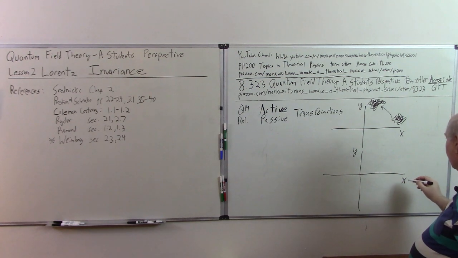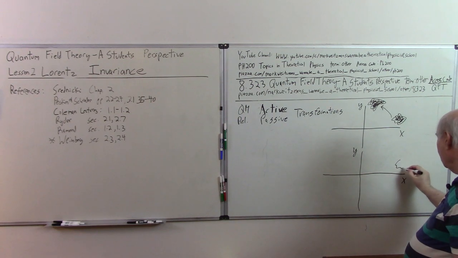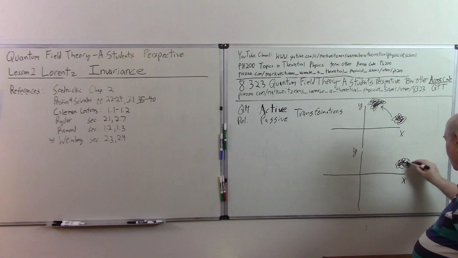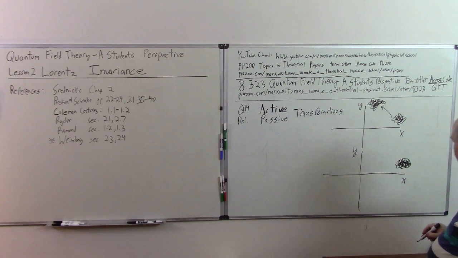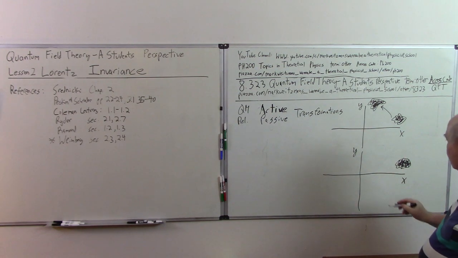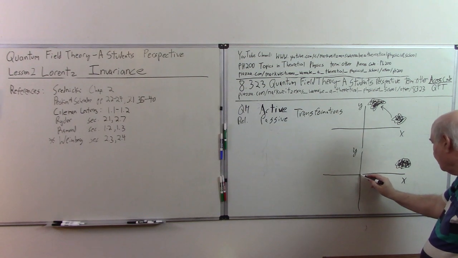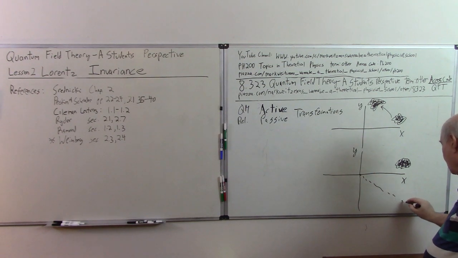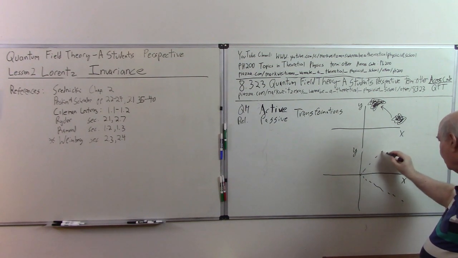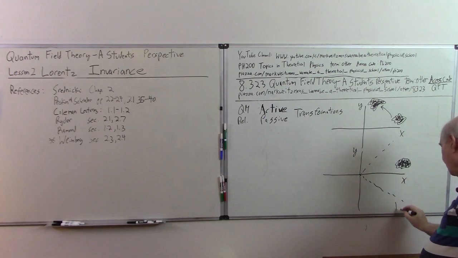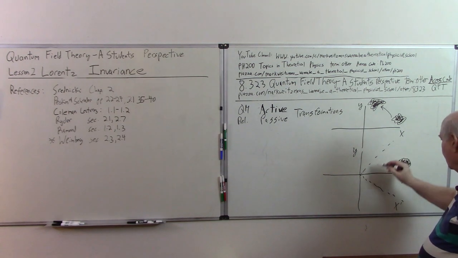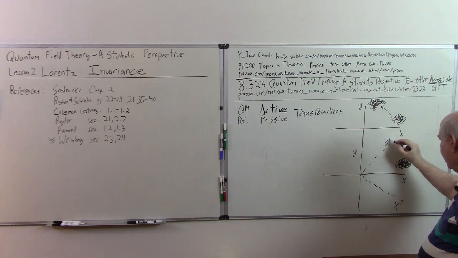In a passive transformation, we have the object over here, and we're going to rotate the coordinate system in the opposite direction, so that this would now be x prime, and this would be y prime.